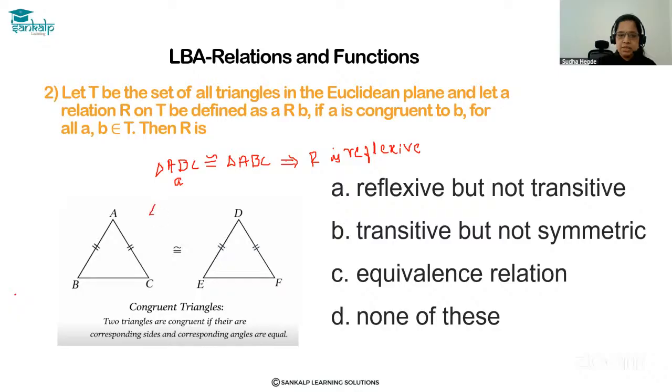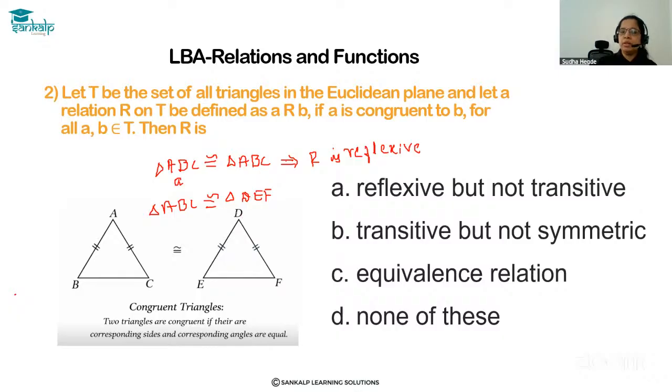Next, triangle ABC is congruent to triangle DEF. That means the angles and sides of ABC are equal to the corresponding angles and sides of triangle DEF.